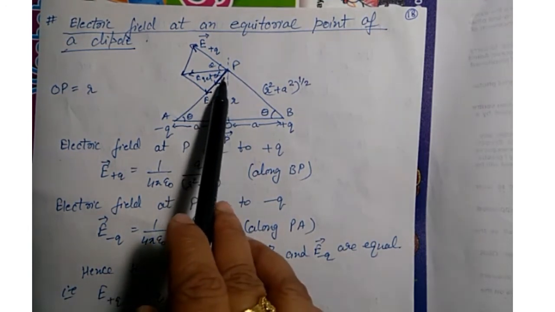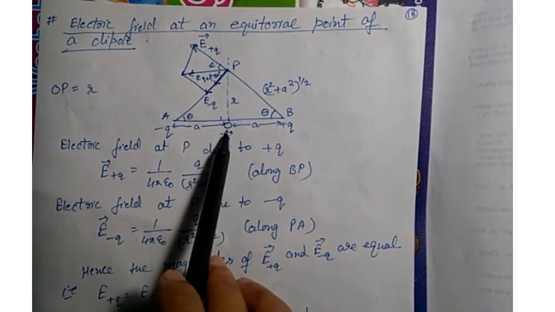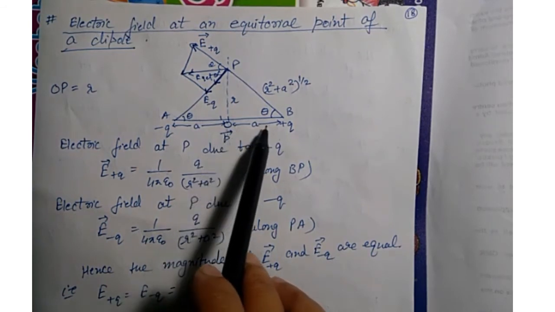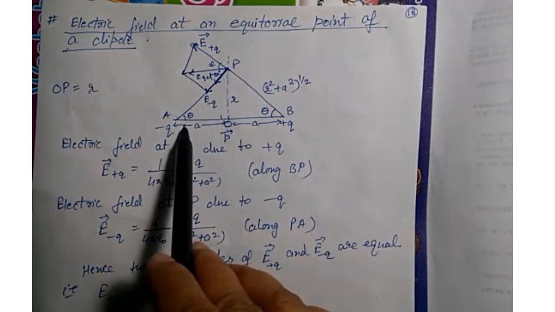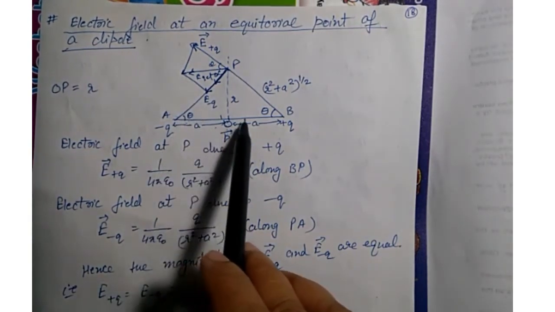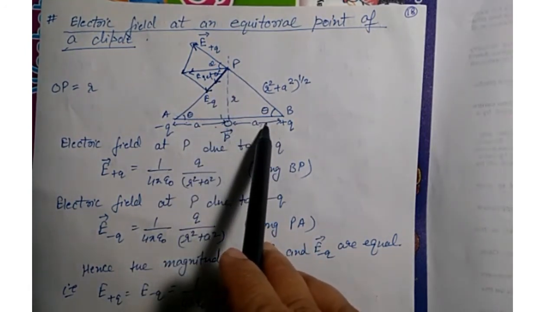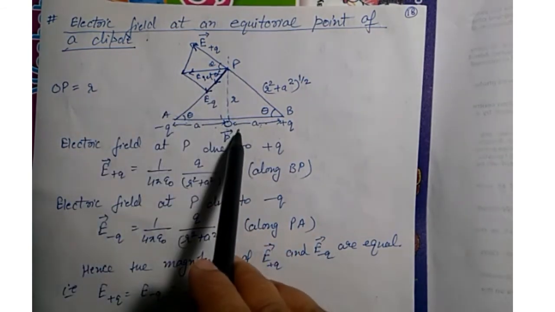So this is the equatorial point, which is on a line perpendicular passing through the center of the dipole. This AP is making an angle theta with the dipole. Similarly, BP is making angle theta with the dipole. OP is equal to R.